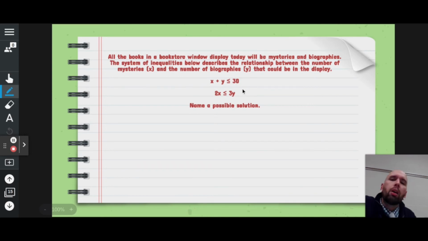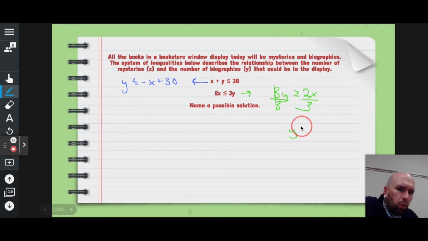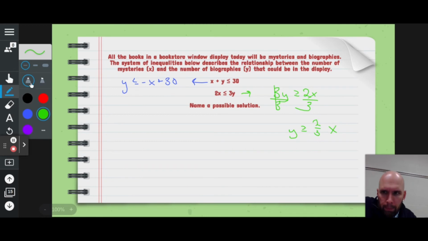Okay. So let's graph it. Let me quick subtract x from both sides over here. So I have y is less than negative x plus 30. Let me flip everything over here to make it 3y is greater than or equal to 2x, and divide everything by 3 so that I now have y is greater than or equal to 2/3 x. I'm going to make my own coordinate plane.